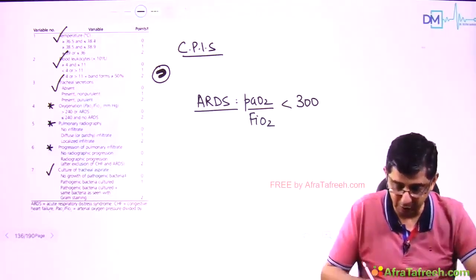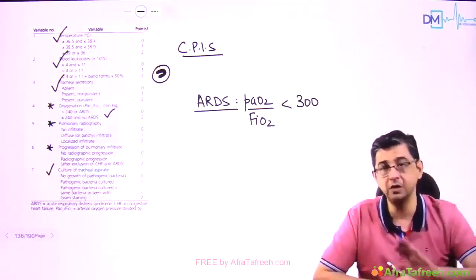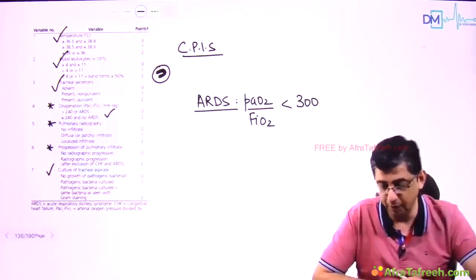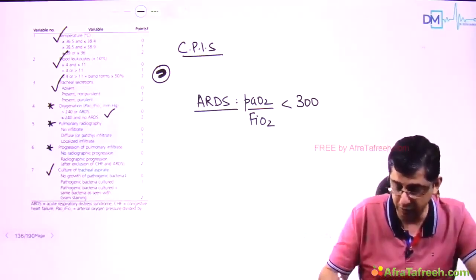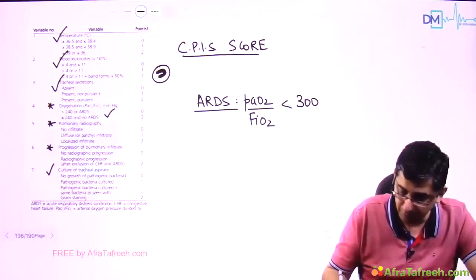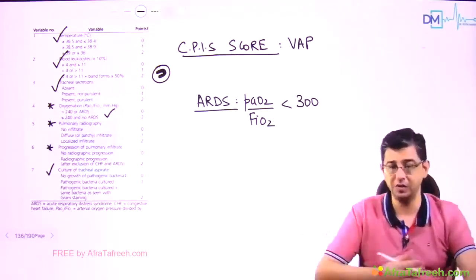But here the value is 240. And pulmonary infiltrates on a chest X-ray, progression of these infiltrates, and culture of the tracheal aspirate are parameters of the clinical pulmonary infection score. The clinical pulmonary infection score is for patients of ventilator-associated pneumonia, and this will obviously tell you the prognosis of the patient.